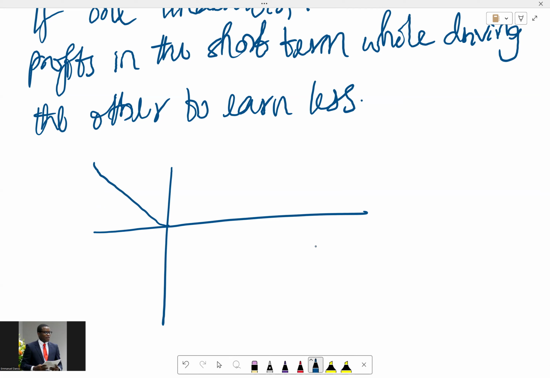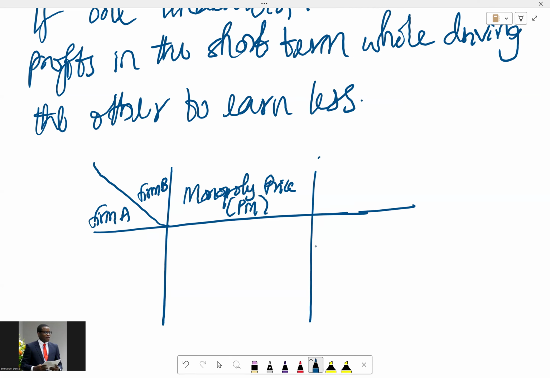So here we have firm A, and this is firm B, and then we have monopoly price, which is P sub M, and we have the undercut price, if you like.